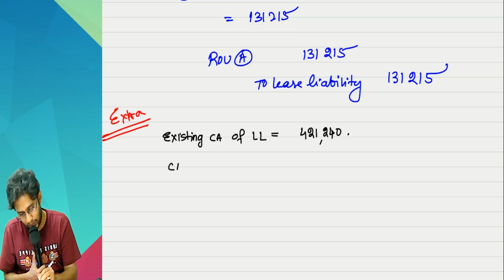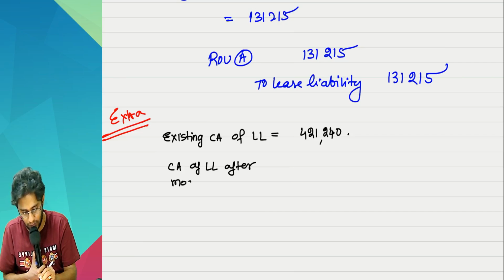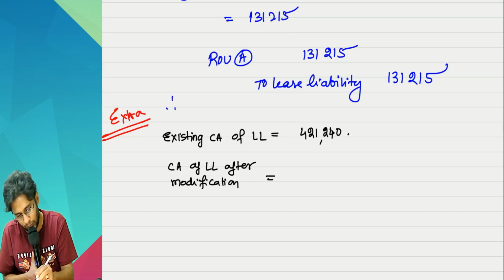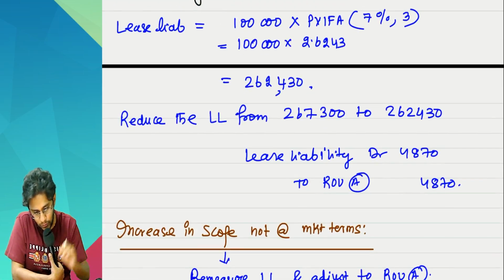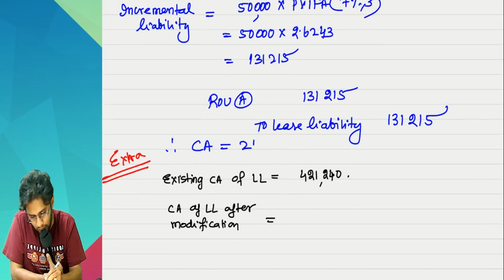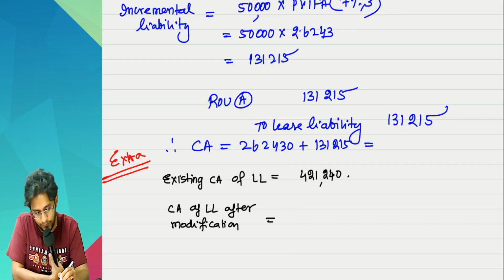What is the carrying amount of lease liability after modification? You did not work that out, huh? No problem. Here I will work it out. Therefore, carrying amount is equal to 262,430 now, plus you further increased by 131,215. How much did it come to?